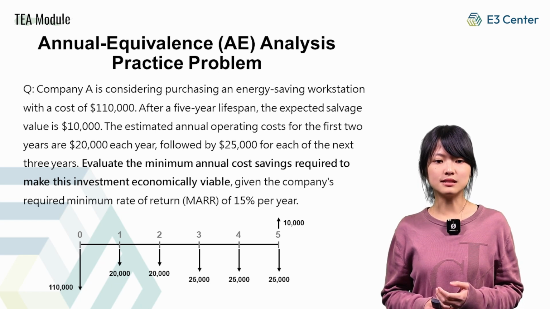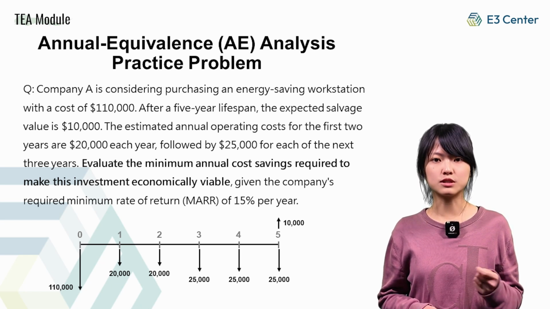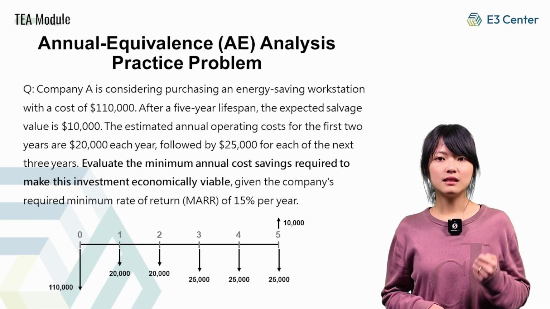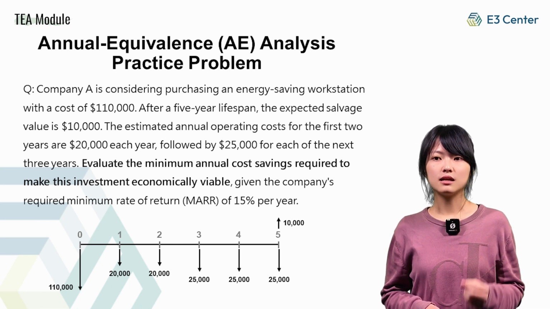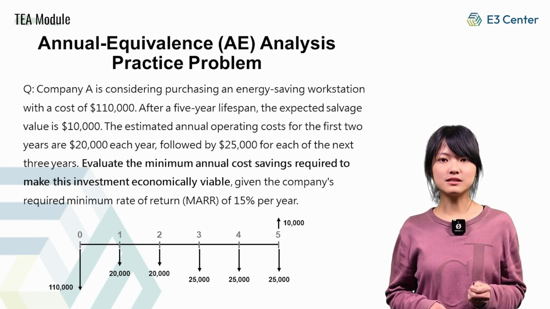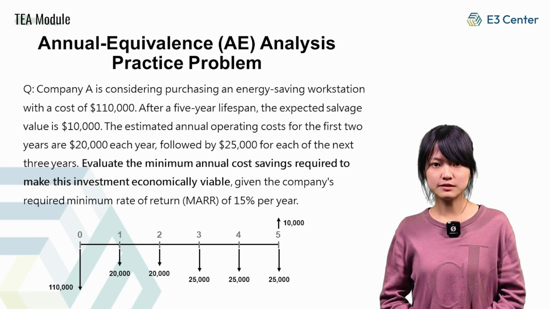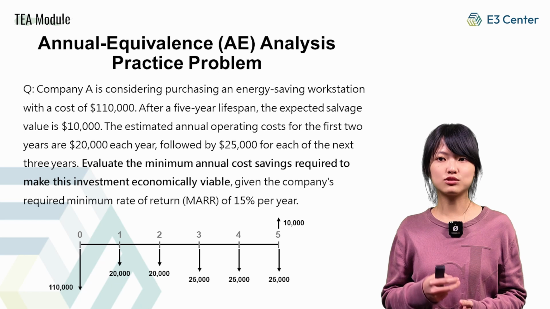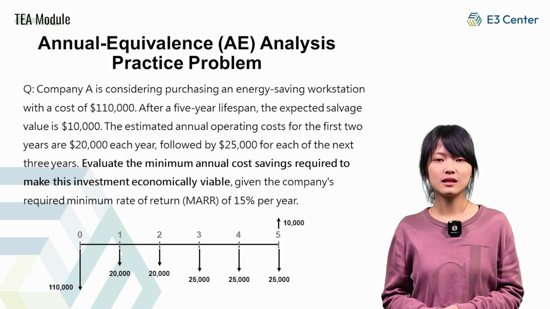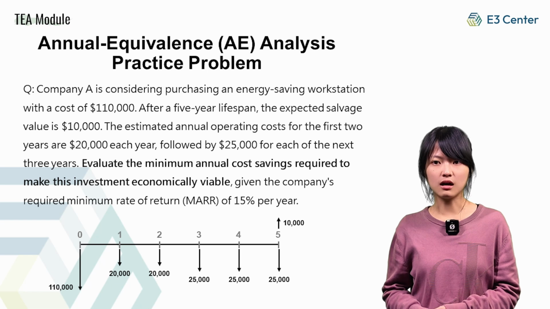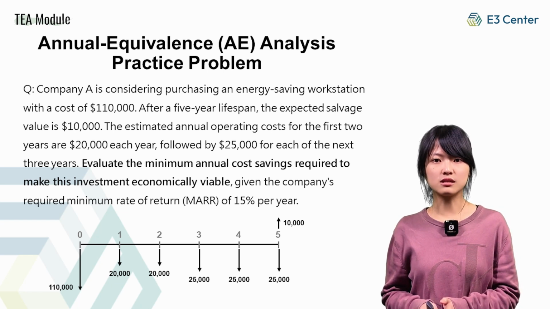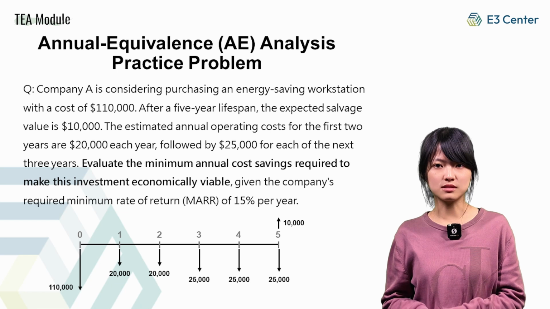The company is evaluating whether to purchase an energy-saving computer workstation. The initial purchase price is $110,000. After the expected 5-year lifespan, it is anticipated to have a salvage value of $10,000. In terms of operating cost, for the first 2 years, each year will incur a cost of $20,000.